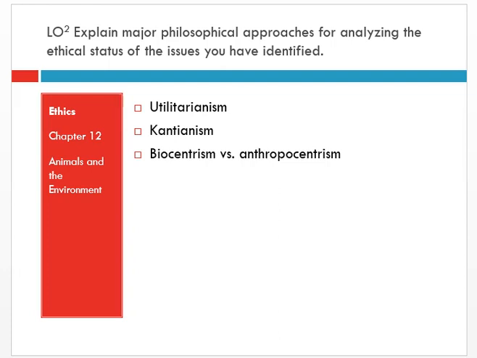For Regan, having interests is sufficient for having rights, and being the experienced subject of a life is sufficient for having interests. So simply by being alive, by experiencing life, non-human animals have moral rights.